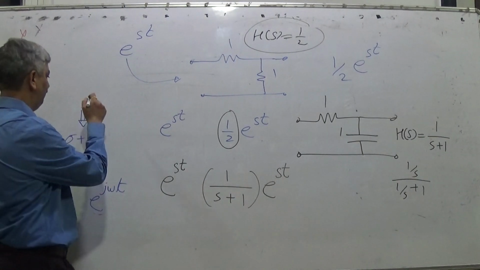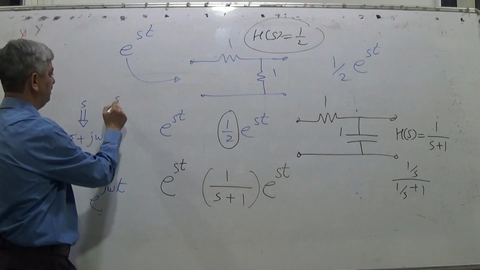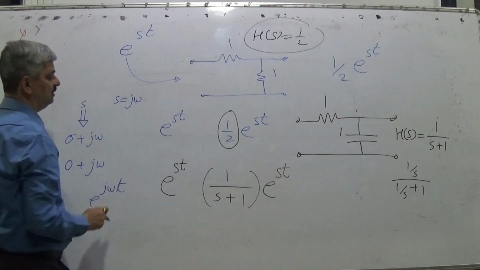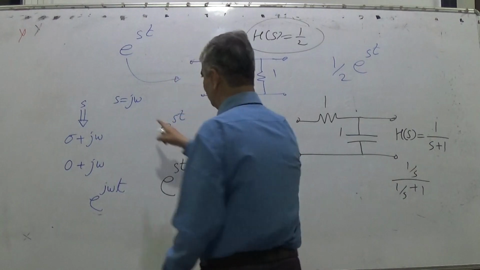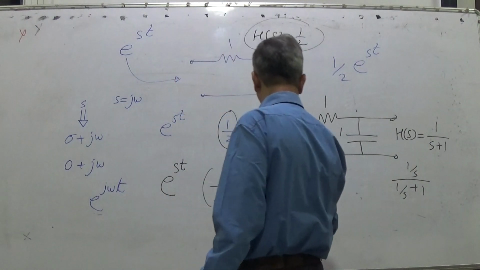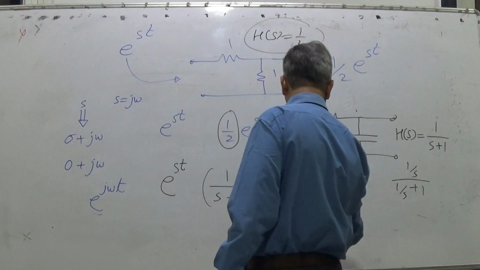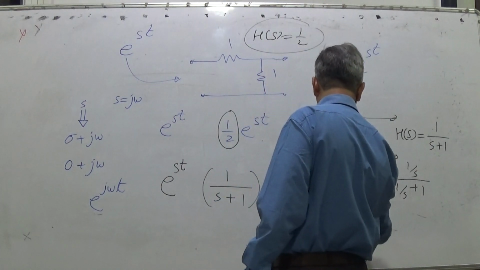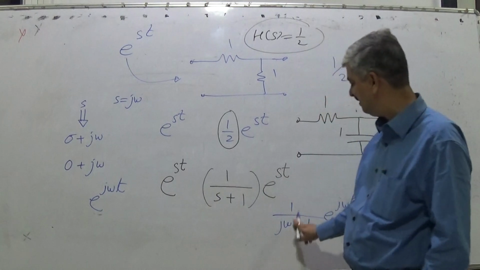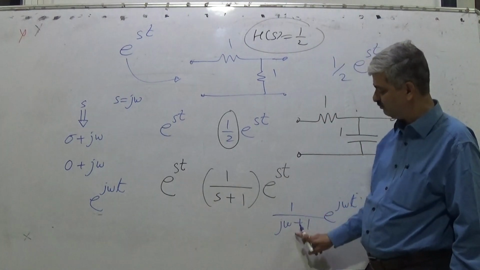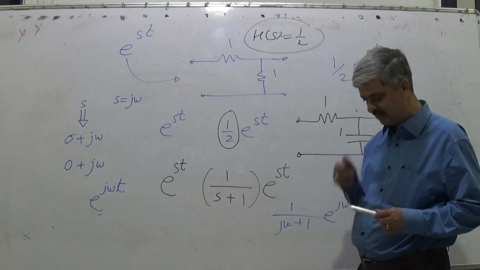So if sigma is 0, S is equal to j omega. In that case, what is the output? Input is e raised to j omega t, output is 1 upon j omega plus 1 times e raised to j omega t. So what is 1 upon j omega plus 1?